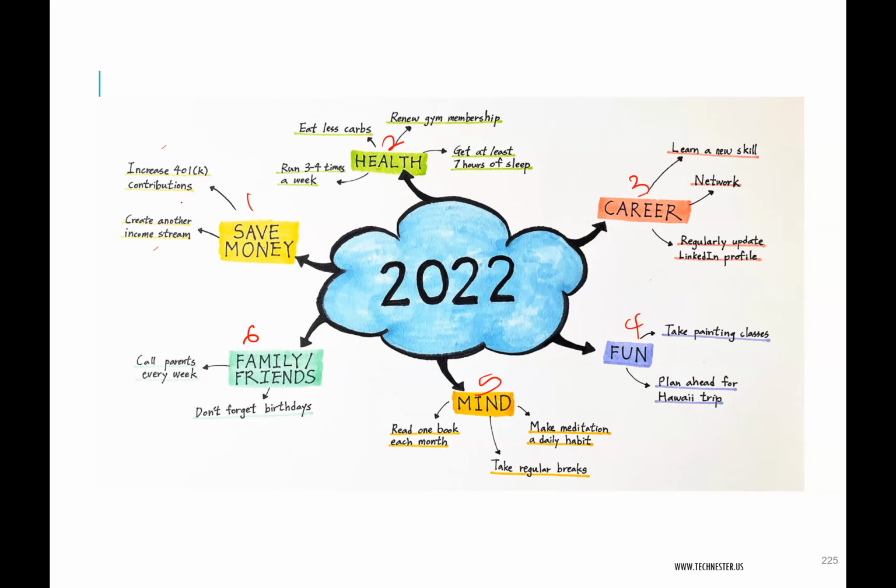Their plan under health may be eat less carb, run 4 to 5 times a week, get at least 7 hours of sleep, renew gym membership, right? And so on. So this is a mind map showing somebody's breakdown of their vision for 2022, the things they want to do, and the specific details of those things. That's how you use a mind map.